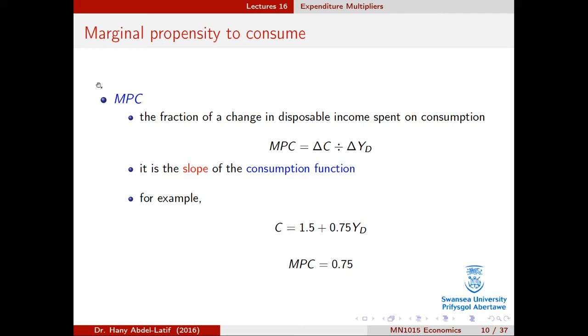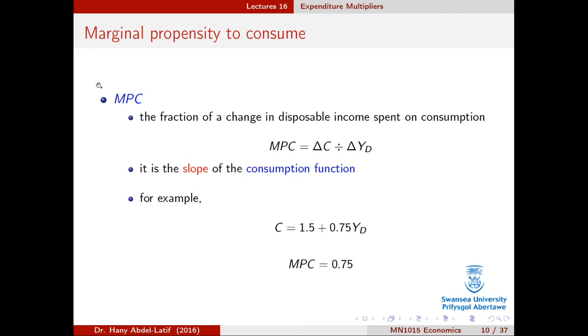If your disposable income is 0, so YD is 0, then 0 times 0.75 is 0, yeah? So how much will consumption be? 1.5. That's the example we follow. So that's what it means. 1.5 is always going to be a constant here for the consumption function. Okay?